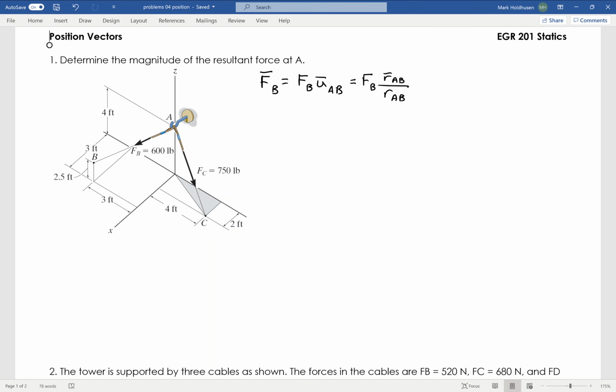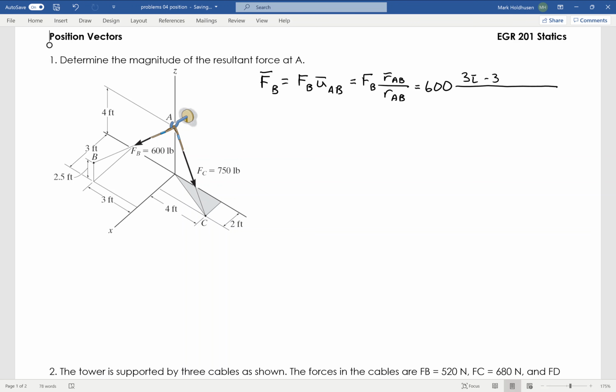So what I do here is I'm going to take that 600 pounds and multiply it by the unit vector from A to B. Going from A to B, I move 3 feet in the x direction. To go from A to B, I go negative 3 feet in the y direction.